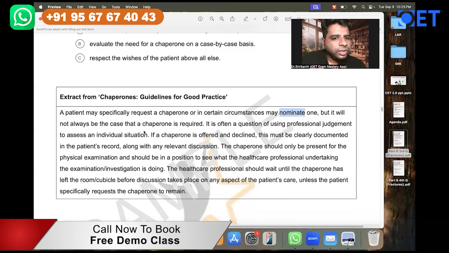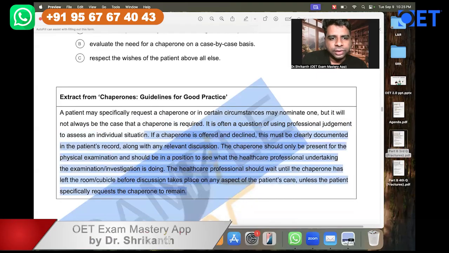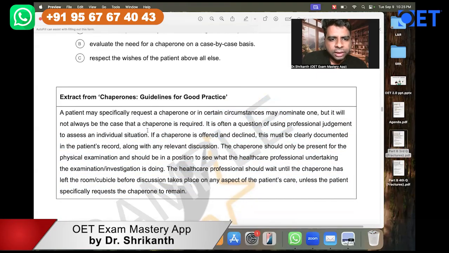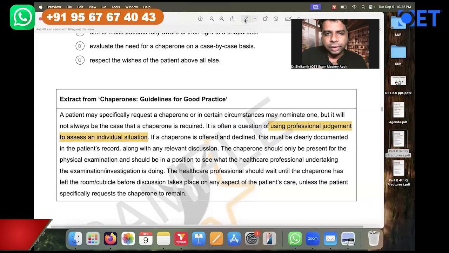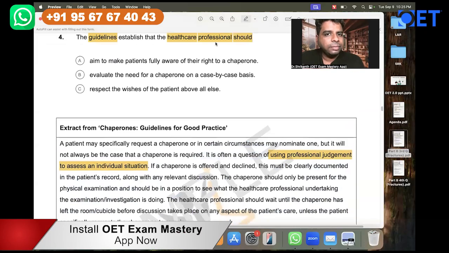But it will not always be the case that a chaperone is required. Okay, so I'll come to the explanation later on. Now, over here, it is often a question of using professional judgment to assess an individual situation. Now, see this sentence over here. This sentence is an expectation from the healthcare professional.